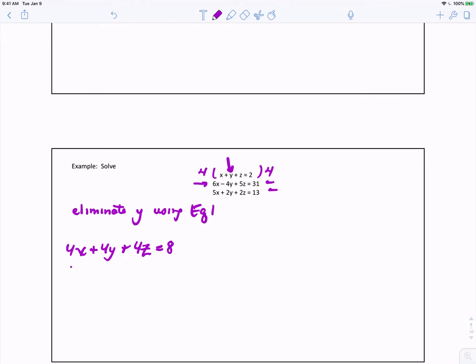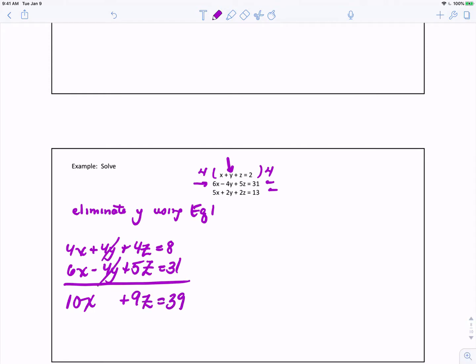And our second equation is 6x minus 4y plus 5z is equal to 31. And the reason I did that is so that when I add these equations together and get 10x plus 9z is equal to 39, notice that my y has been eliminated. So second equation is done.